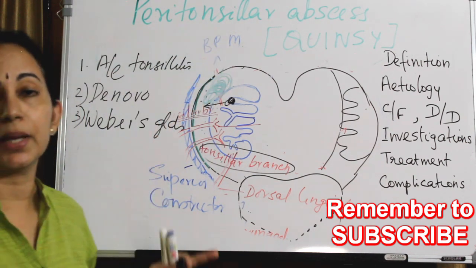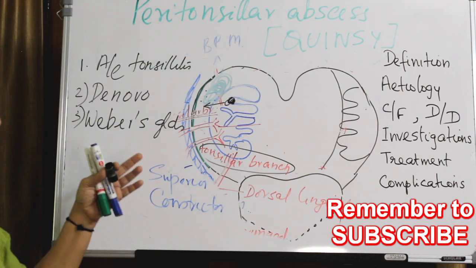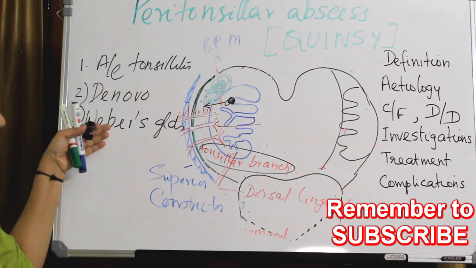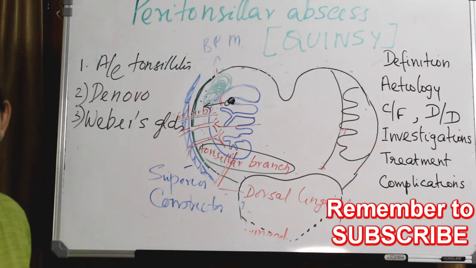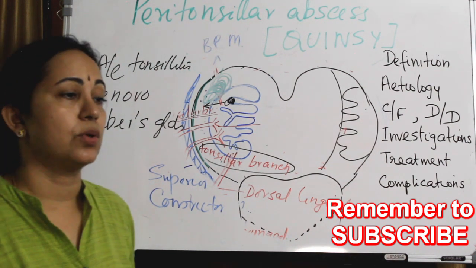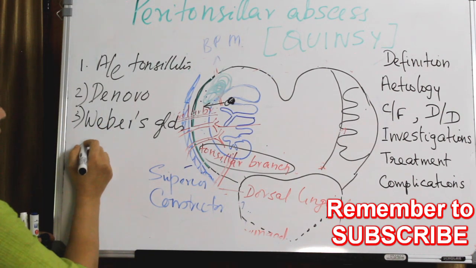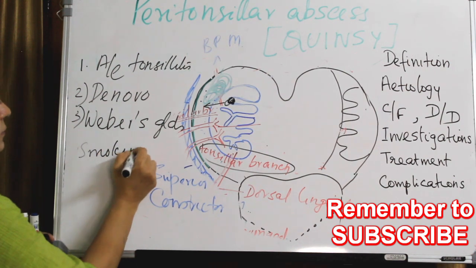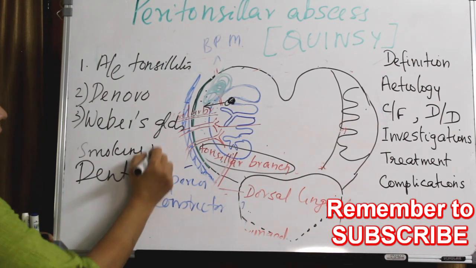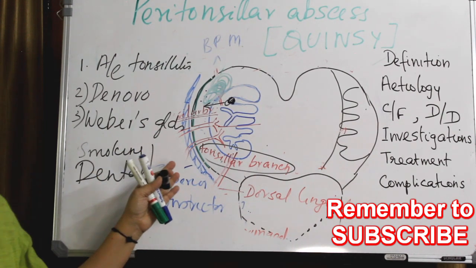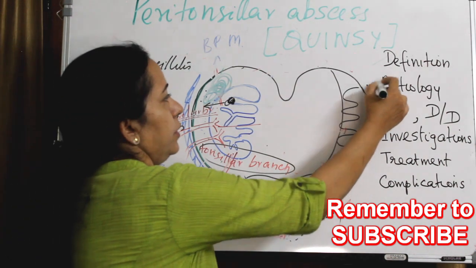So infection and abscess formation of these minor salivary glands is more associated with, there is grade A evidence of, smoking and periodontal infection. Smoking and dental infections, especially periodontal infections, have a high association with this peritonsillar abscess. Okay, so all these are the etiology or reasons for this.